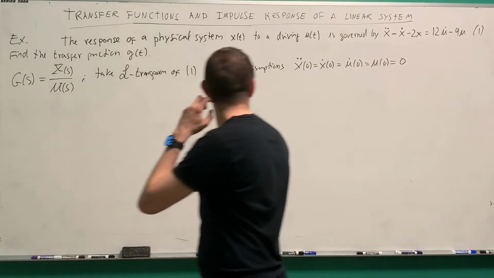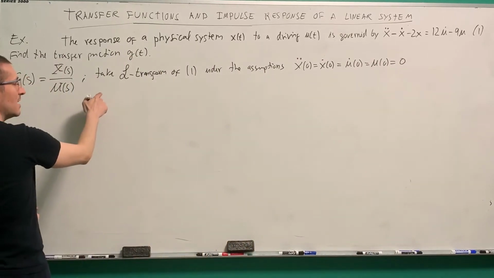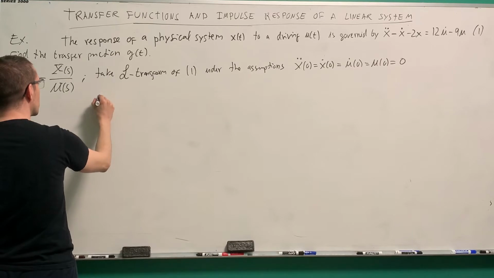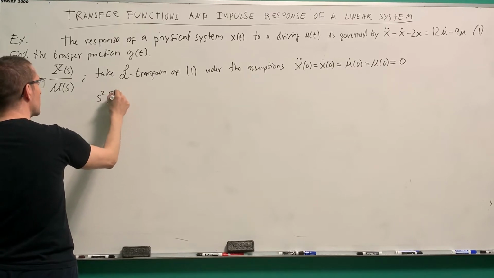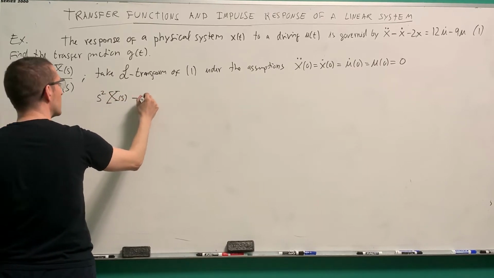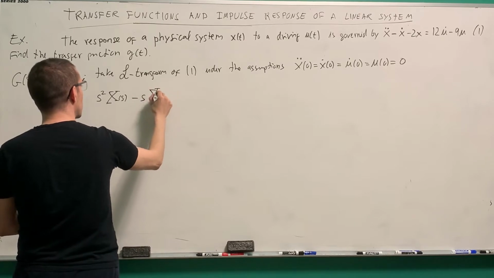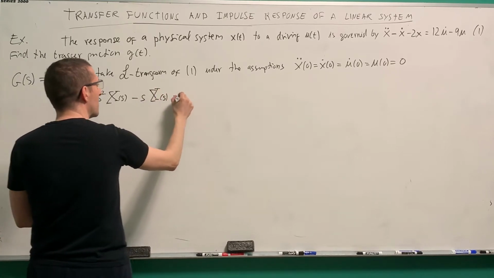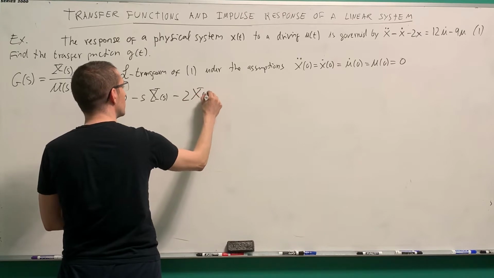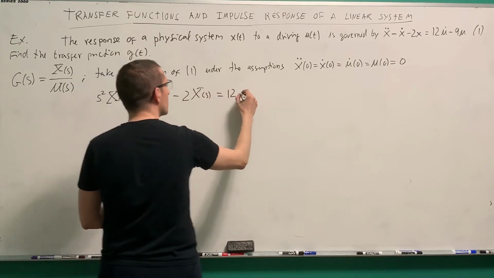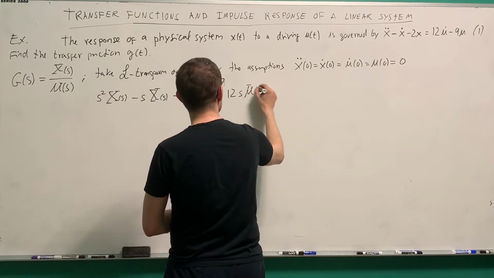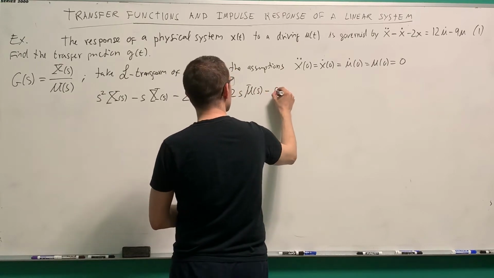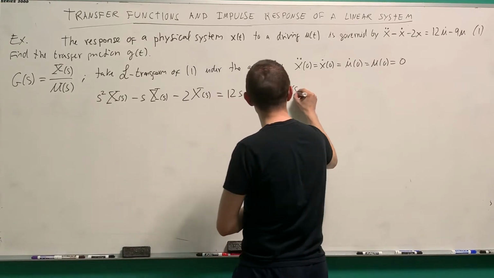If we do that, the left hand side becomes s squared capital X of s minus s capital X of s minus 2 capital X of s equals 12 s capital U of s minus 9 capital U of s.